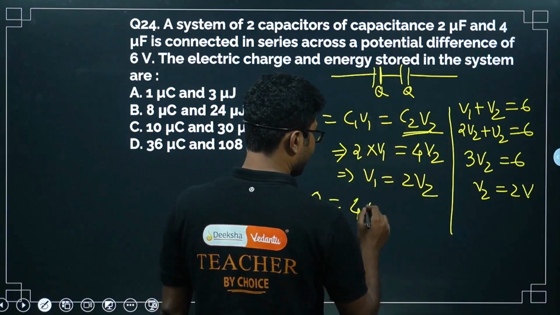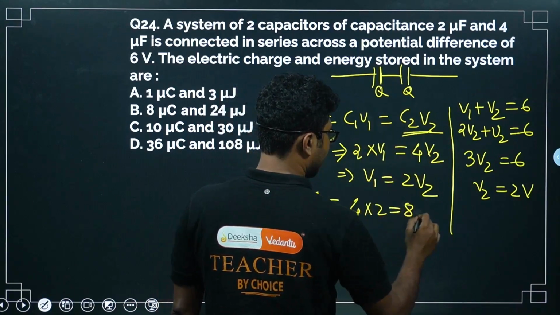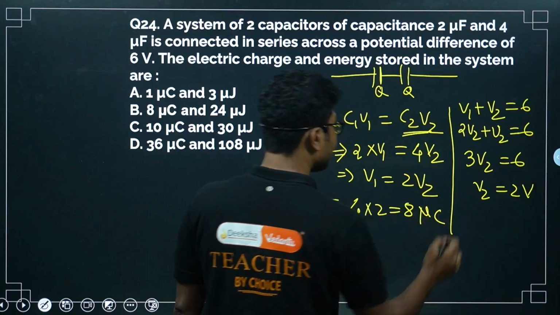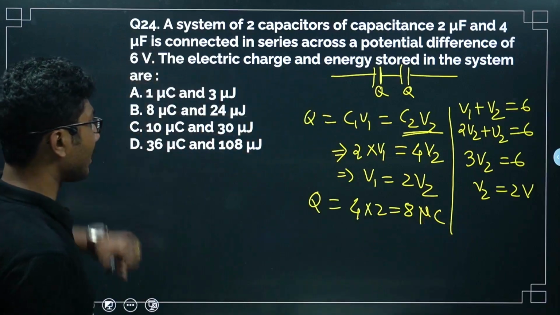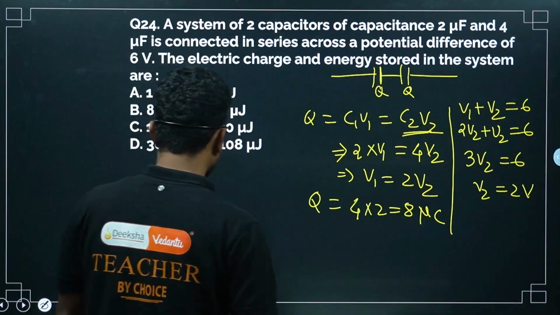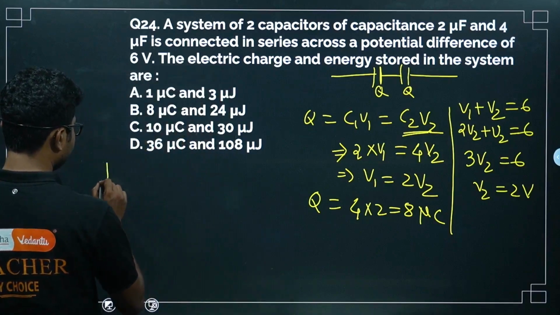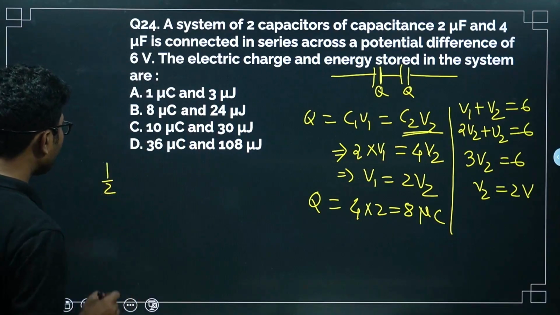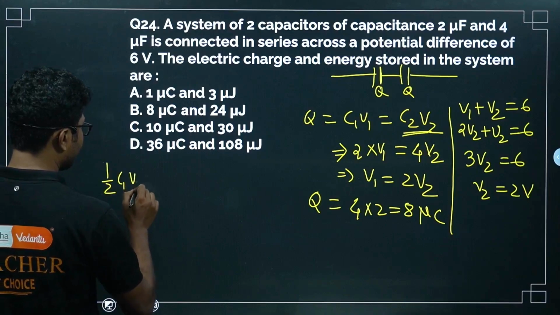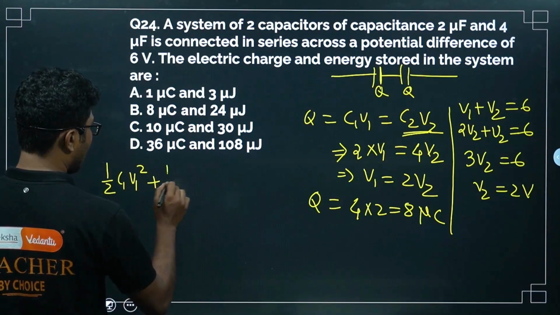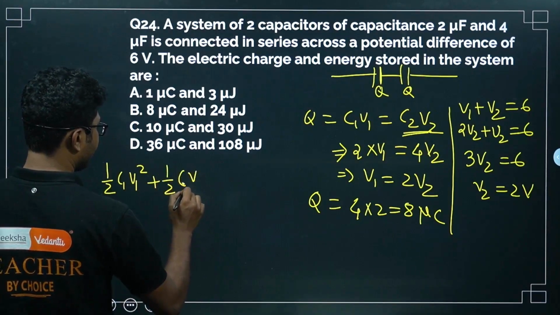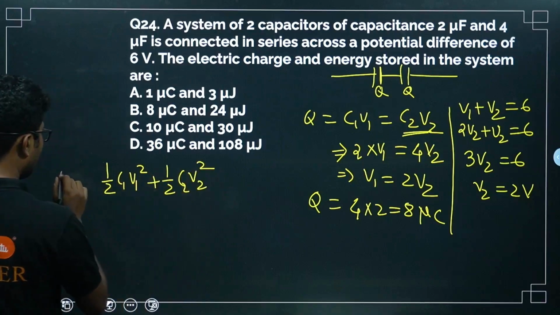So 4 times 2, that is 8. Microfarad means microcoulomb charge will be stored, and total energy will be half C1 V1 square plus half C2 V2 square. This is the total energy of the system.